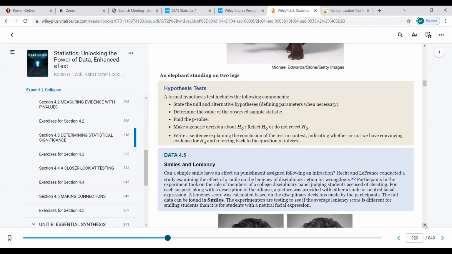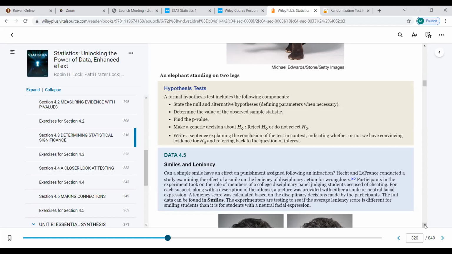Now, one of the 6 steps is going to be stating the null and alternative hypothesis using the proper symbols, parameters, H sub 0, H sub a, colon, p is equal to 0.3, p is less than 0.3, whatever it might be, all right? Those are what you need to learn how to do.